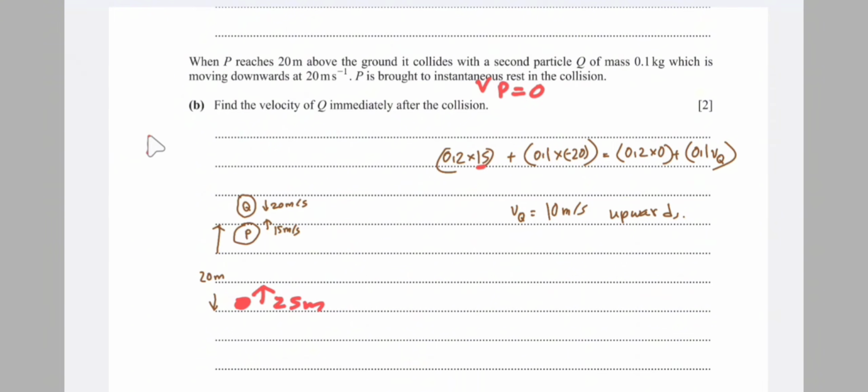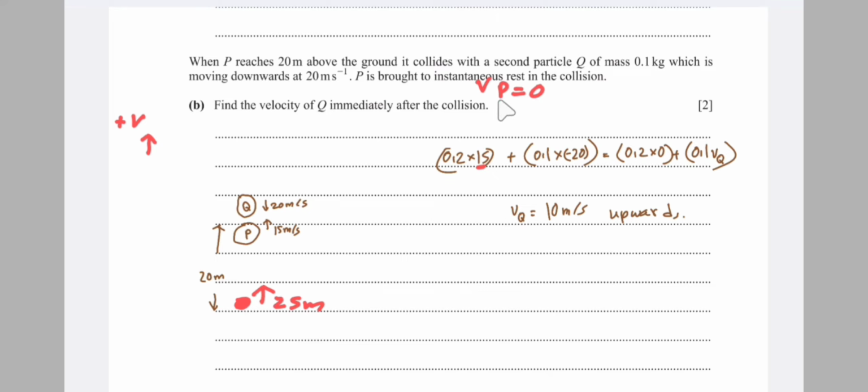So if we consider the velocity upward as positive, then Q is moving down. Since we assume that the velocity upward is positive, the velocity downward is negative. So downward is negative velocity, and we know the mass of Q, that is mass into velocity of Q. So this is for the initial, that is before collision. And after collision, P comes to rest.